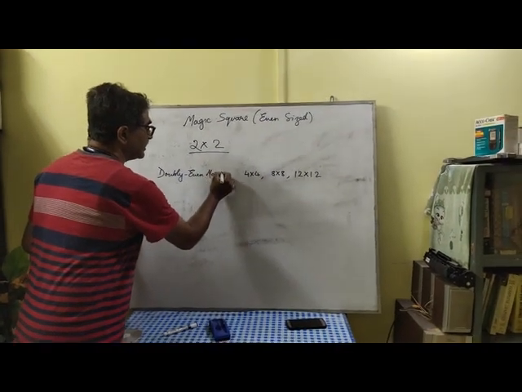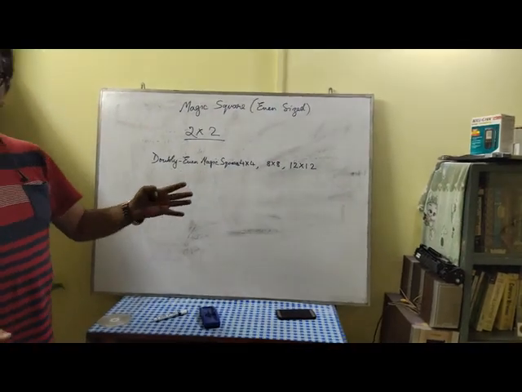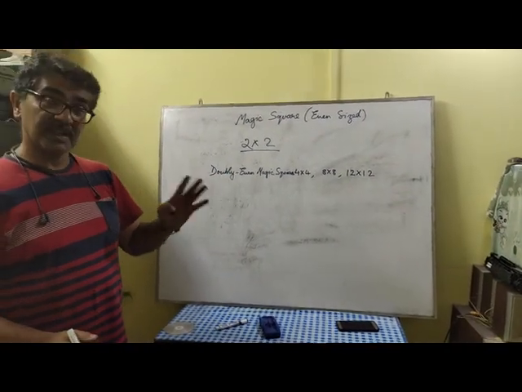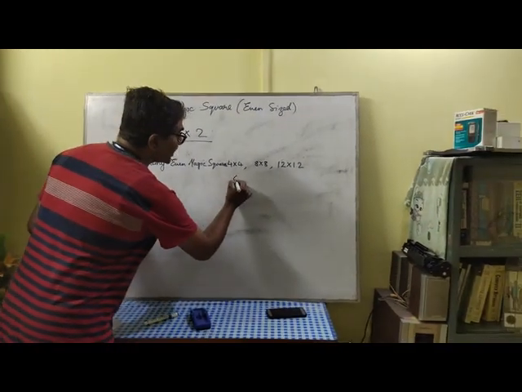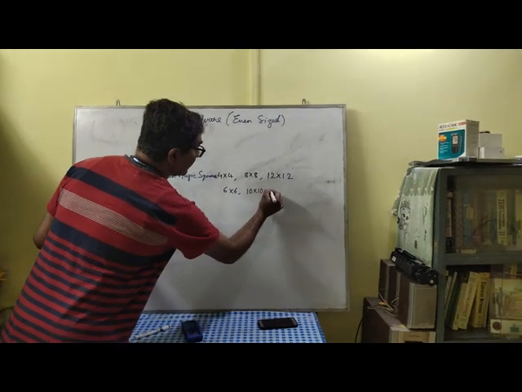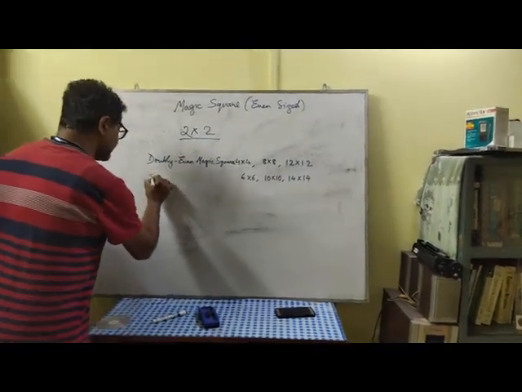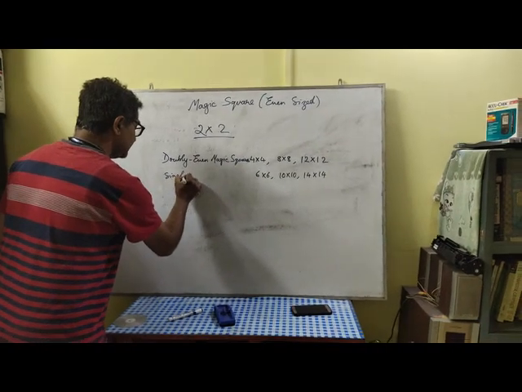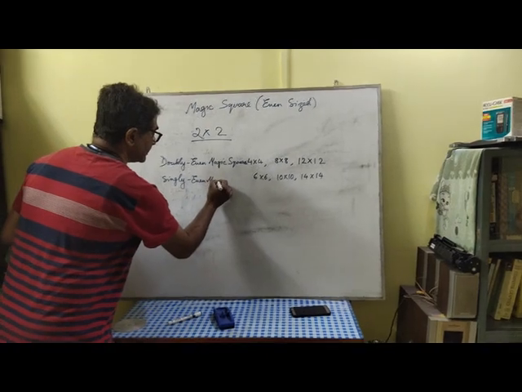These are called doubly even magic squares. And then we also have those even sizes which are not multiples of 4. Examples are 6 into 6, 10 into 10, 14 into 14. These are categorized as singly even magic squares.